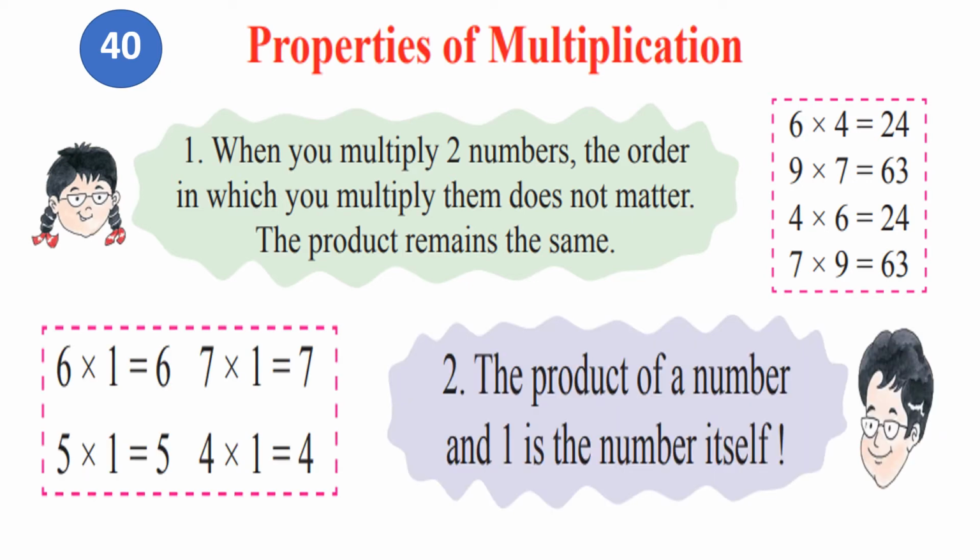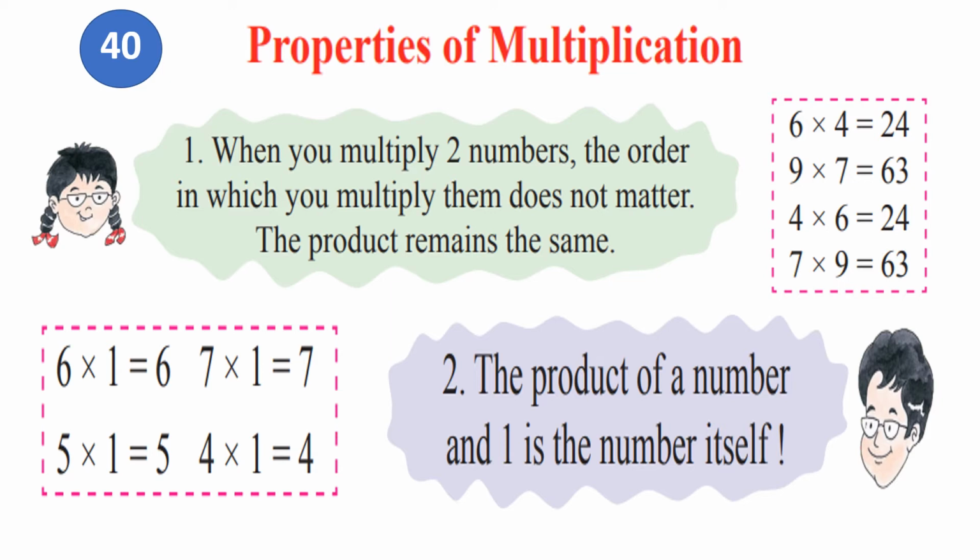Next is number 2. The product of a number and 1 is the number itself. Look at here. 6 times 1 equals 6. 7 times 1 equals 7. 5 times 1 equals 5. 4 times 1 equals 4.